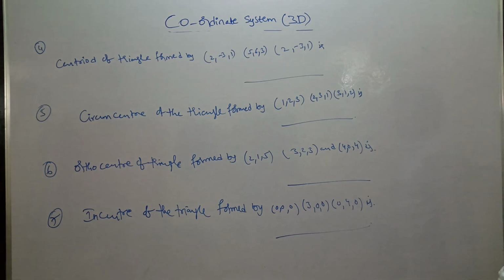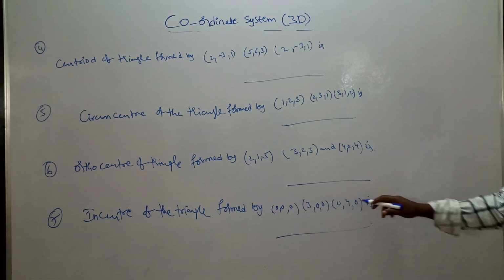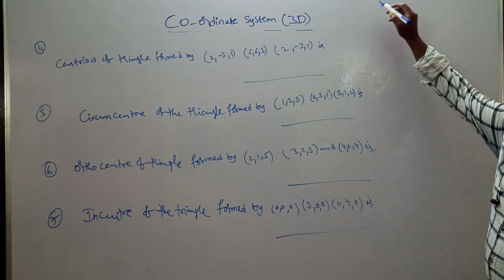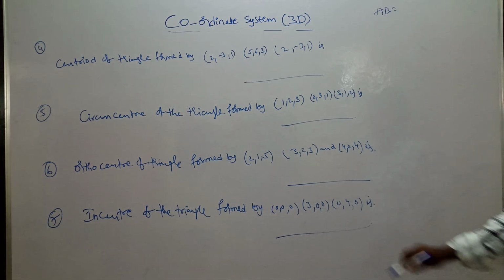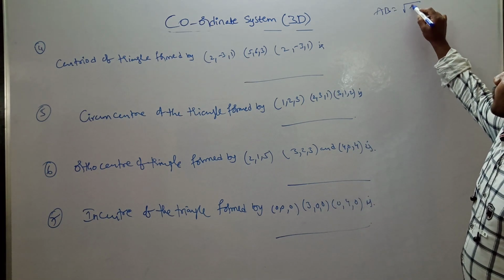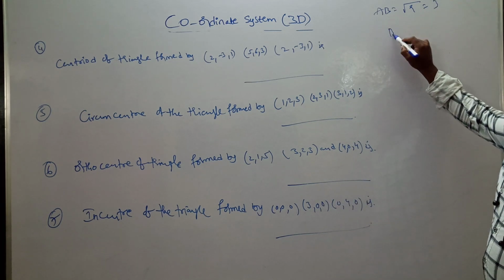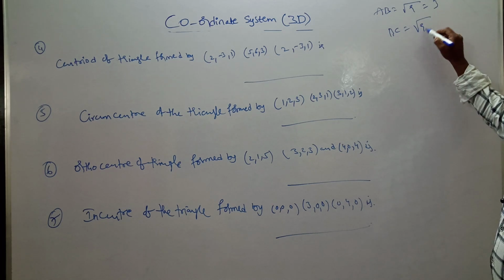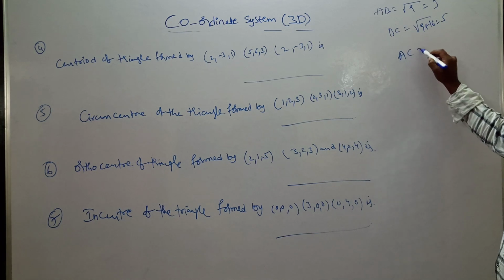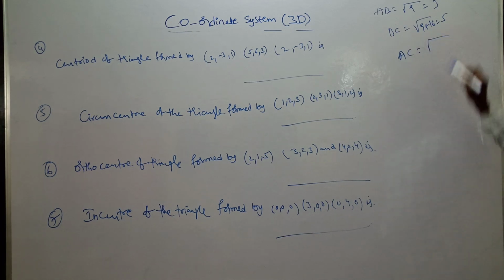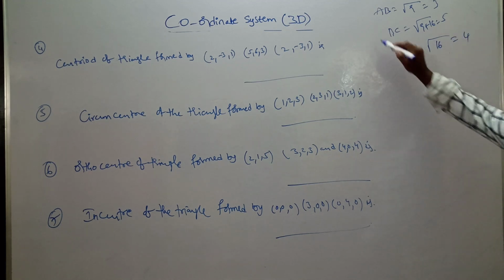Next, incenter of the triangle formed by (0, 0, 0), (3, 0, 0), (0, 4, 0) is. First of all, length of AB equal to square root of 9 that equal to 3. Length of BC equal to root of 9 plus 16 that equal to 5. Length of AC equal to root of 16 that equal to 4.